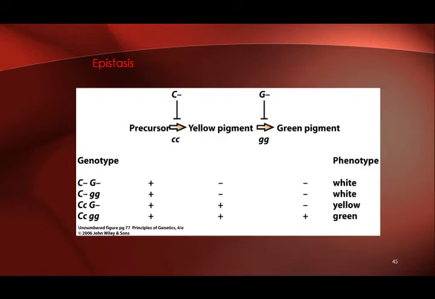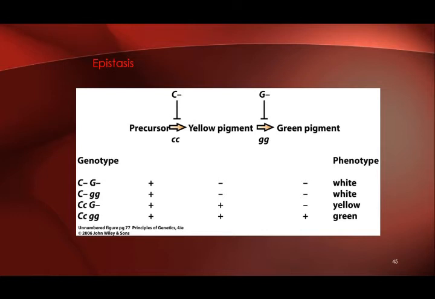Precursor, yellow pigment, green pigment. So in this case, the color is controlled by two alleles. Both are working to make the pigment. But before getting the color, you must get the precursor done first. So if you only have the C allele dominant, you only get yellow. But if you get C and G both dominant, then you get green.